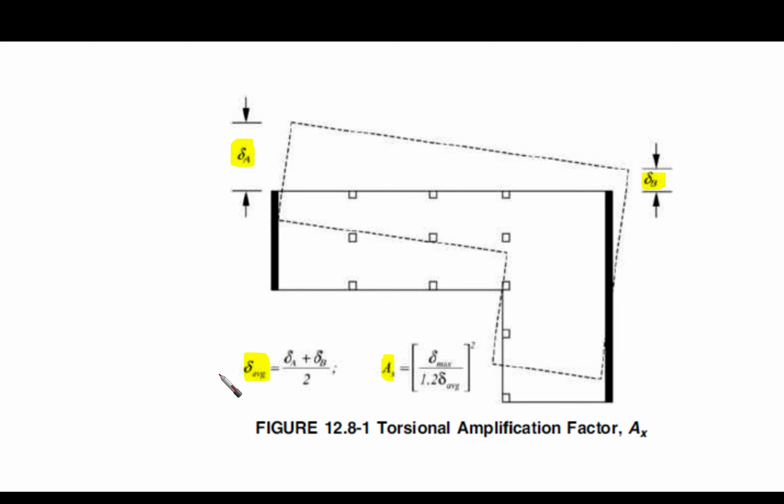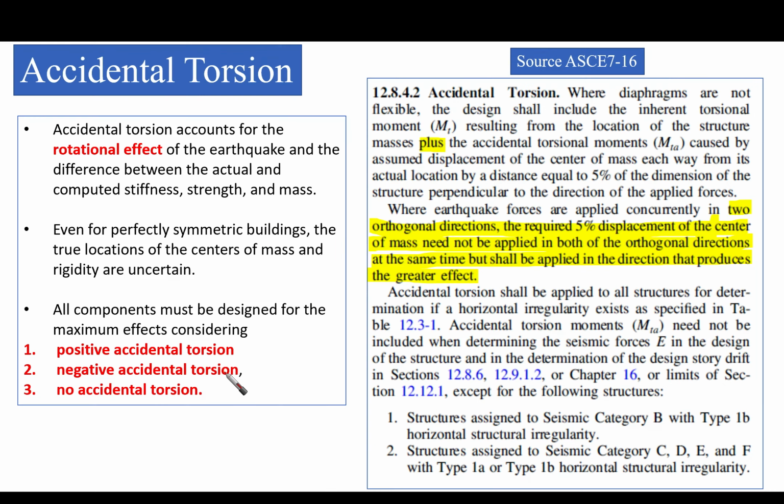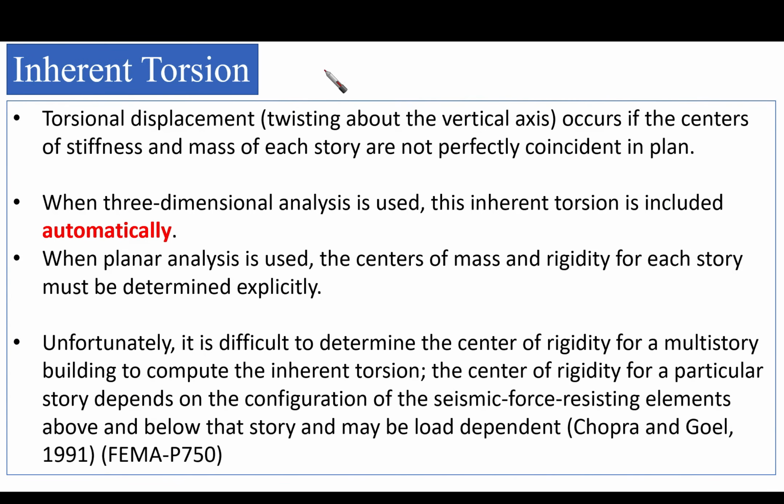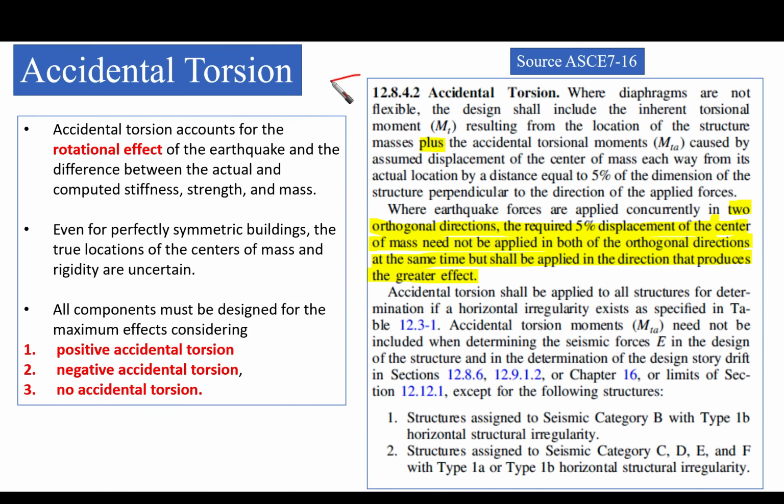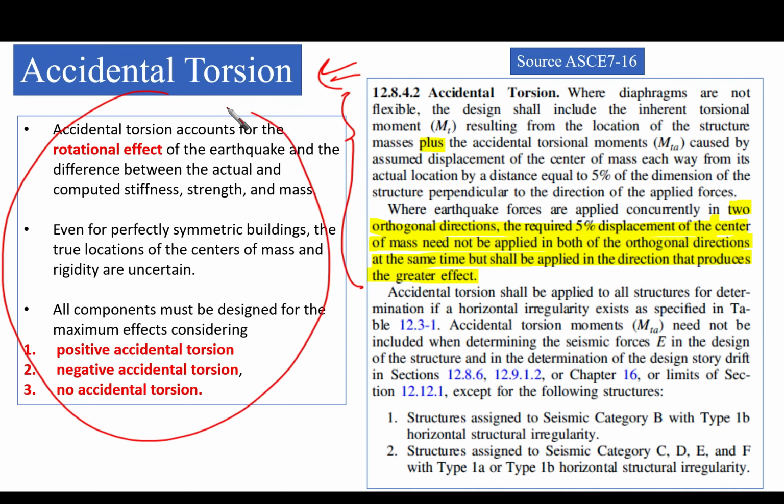So we now have an understanding of the meaning of inherent torsion, as we have explained it, and after that we mentioned the accidental torsion and the rationale behind it, and we said that we need to check these 3 different cases.